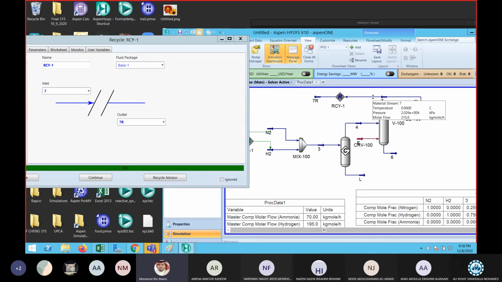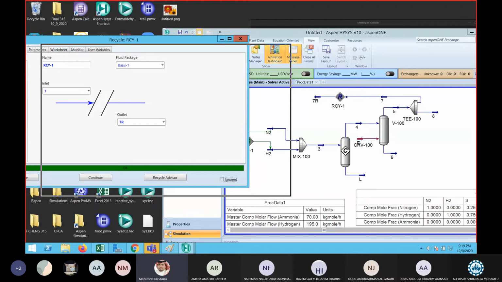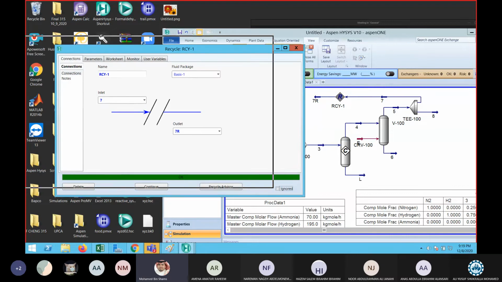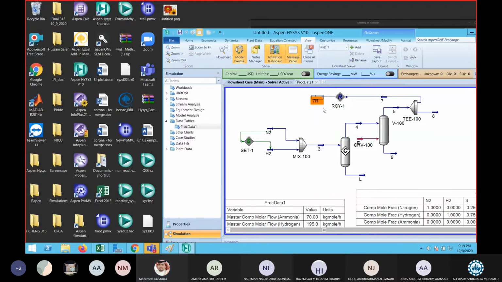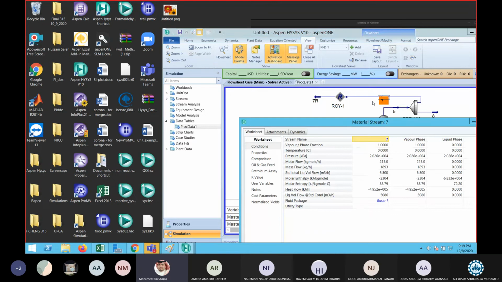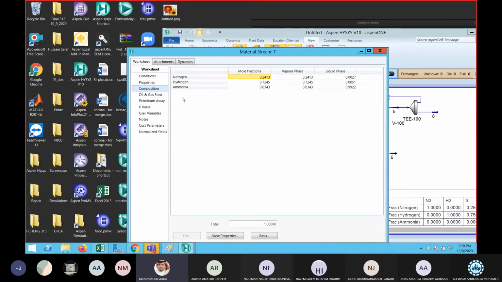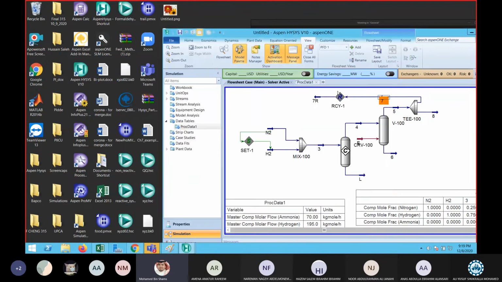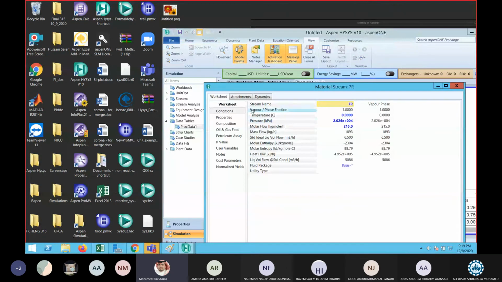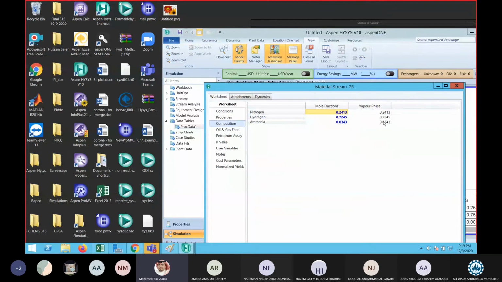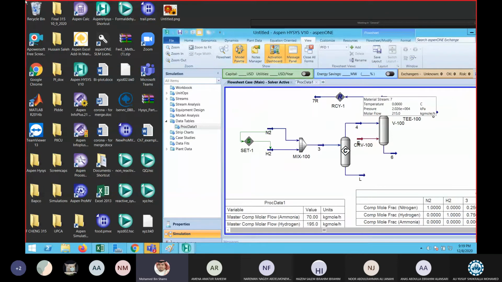The composition here is exactly the composition here, nothing changed. It is still not recycled yet. If you look at the composition of 7, it is exactly the same as this here. Nothing has changed, I haven't done anything yet.